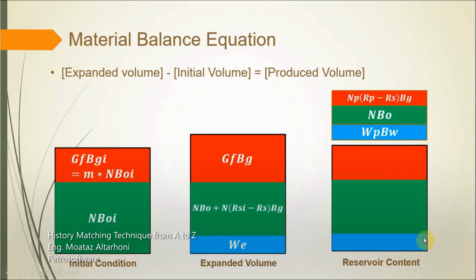The pore volume is constant, it doesn't change with time. And that's simply the material balance calculation: the expansion volume after the pressure is dropped minus the initial state will give us the production.